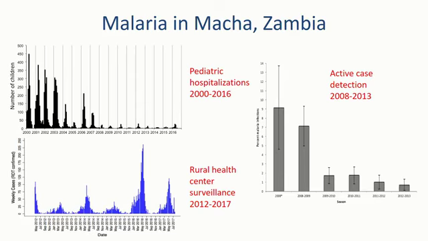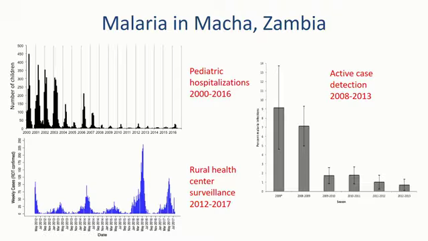We see that the area had transitioned from hyperendemic to very low numbers of pediatric hospitalizations, but we don't really actually see an elimination of the parasites yet. We still see cases each year.